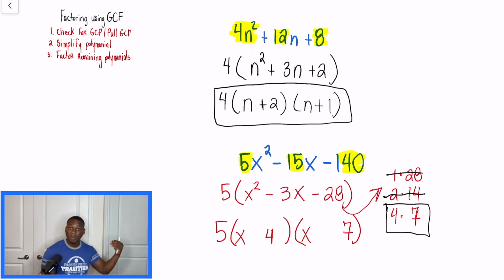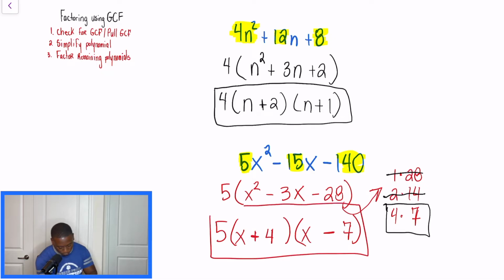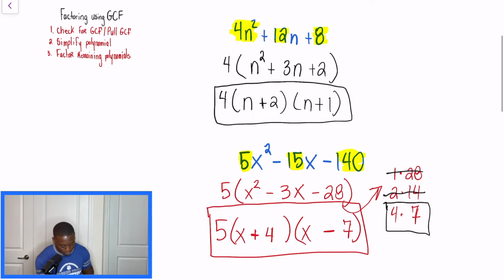That means one of the numbers has to be positive, one has to be negative. And when we add them, we're going to get a negative 3. So if we want a negative 3 when we add, our larger number 7 is going to be the negative number, and 4 will be the positive number. All right? So this is what we're talking about when we're talking about the greatest common factor.